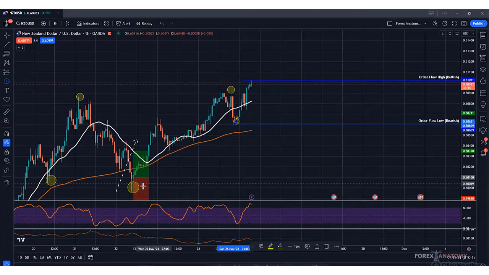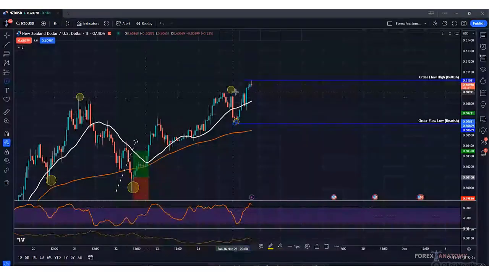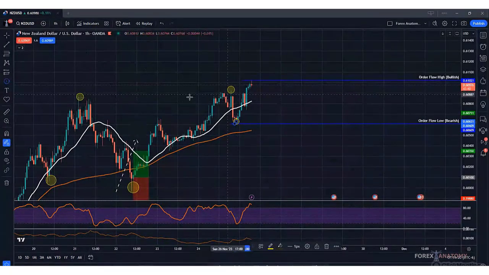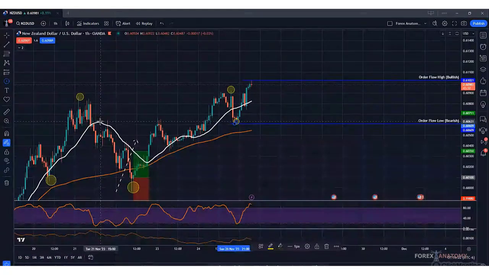But you guys get the point. So we're in a bullish environment. But the reason why I want to say that is because you can look at these two anchor points right here, and you can say, hey, there's a possibility that price may respond to this zone and region.